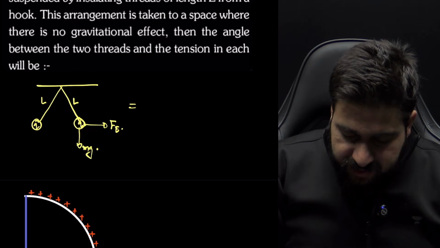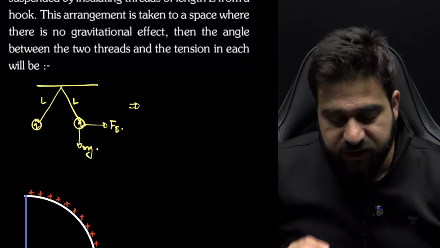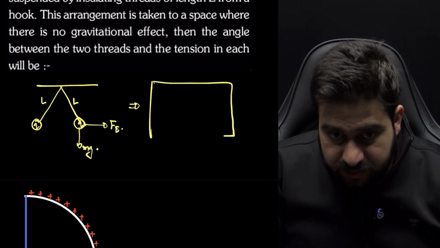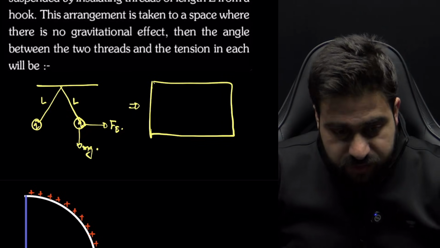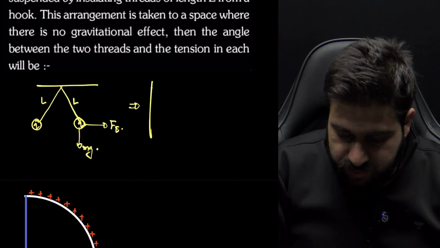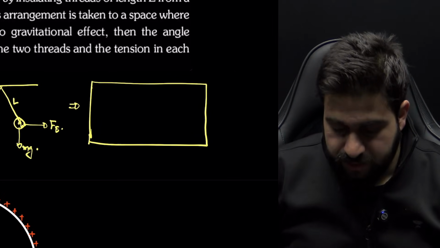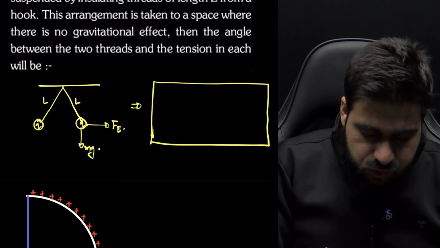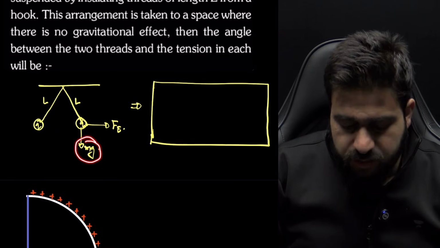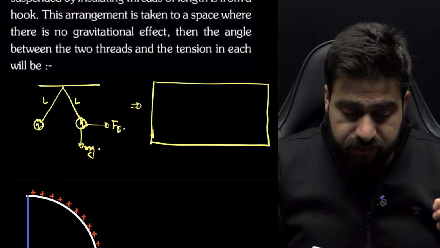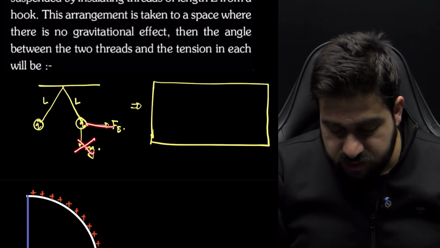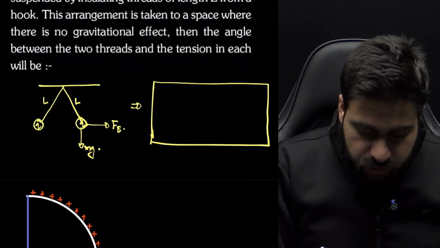Now, if we take the entire system to a gravity-free space, let me show you the gravity-free space. Okay, sir, when it comes to gravity-free space, there will be no mg, meaning no gravitational pull. So when there is no gravitational pull, there is only the electrostatic force.